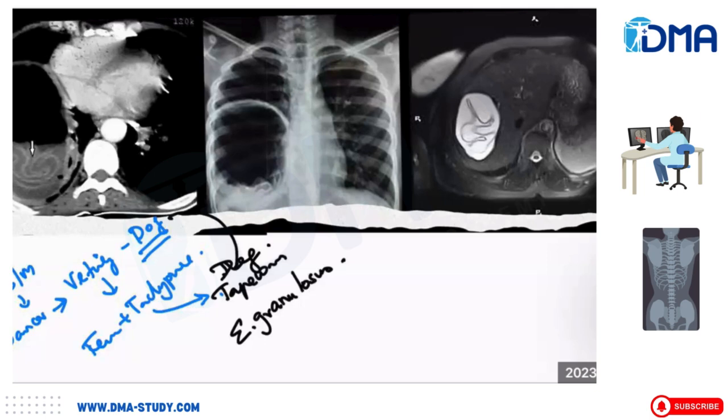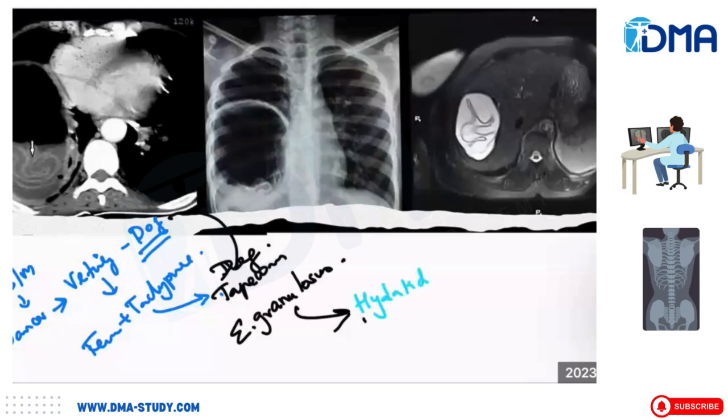Okay. If it's an Echinococcus granulosus, then what will be the disease caused by Echinococcus granulosus? Come on. What will be the disease that is caused by Echinococcus granulosus? It is hydatid cyst.